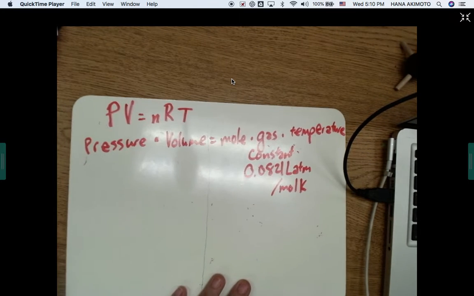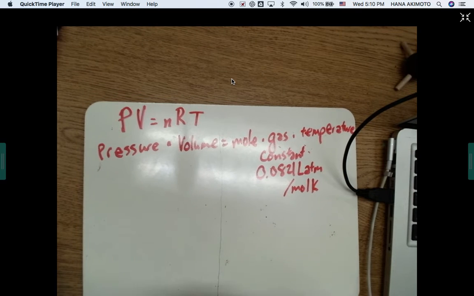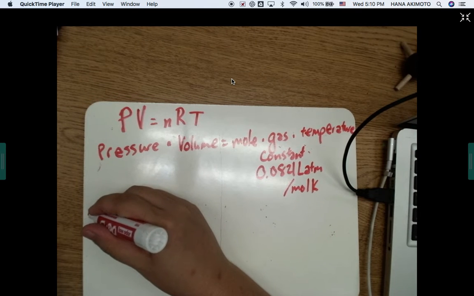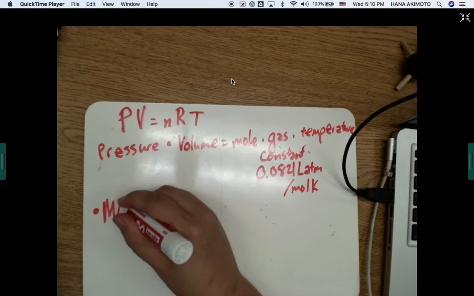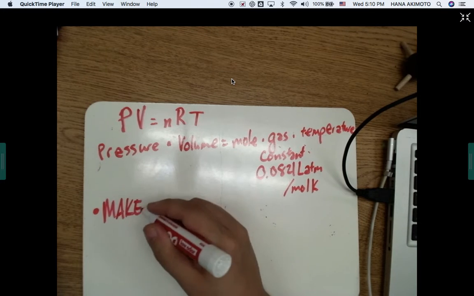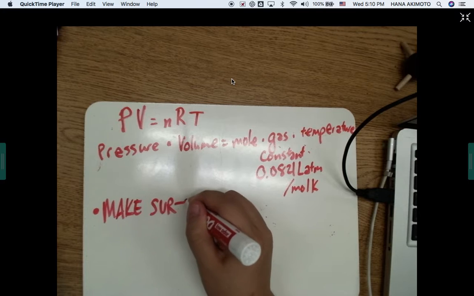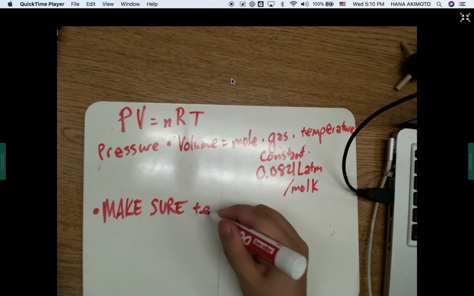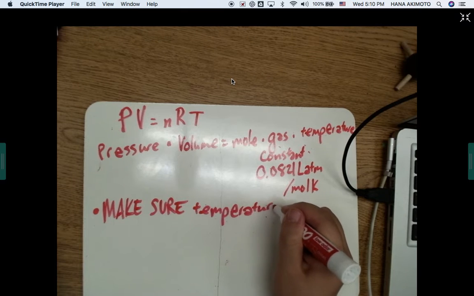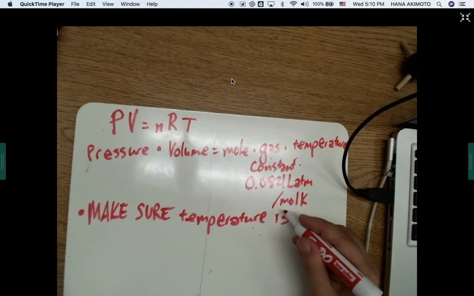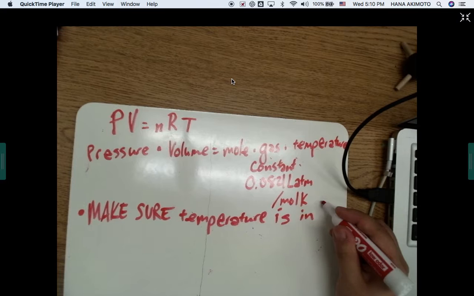So a few things that you need to do, right? One is make sure your temperature is in Kelvin.